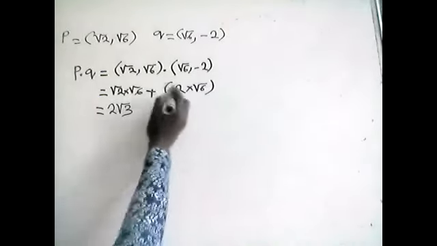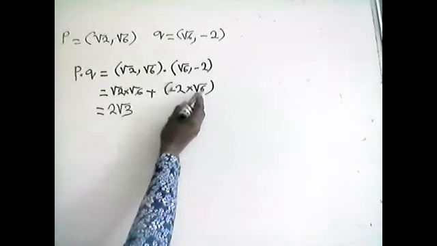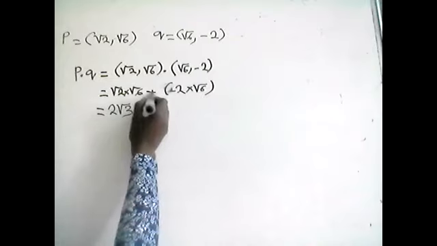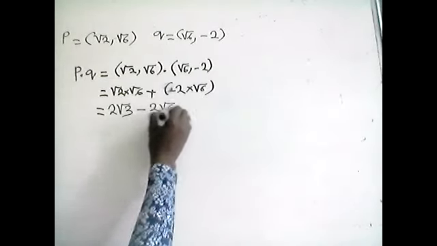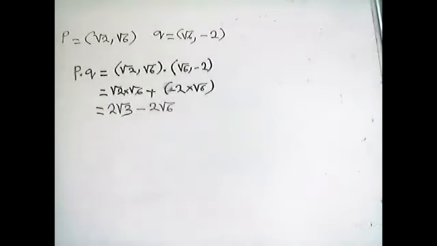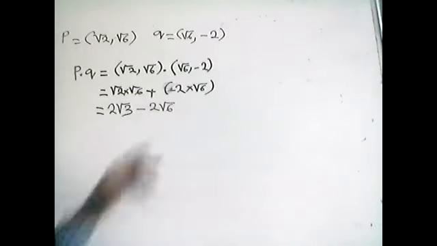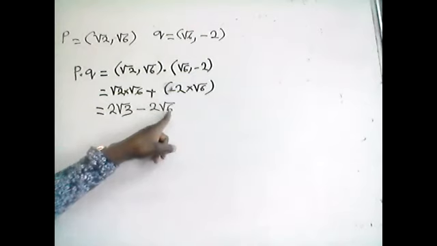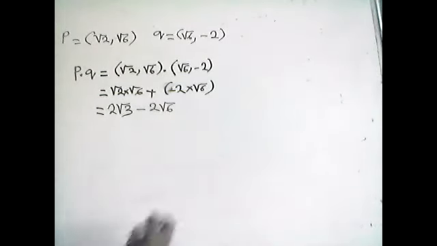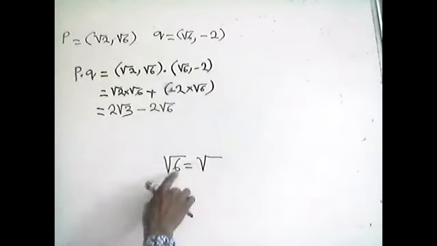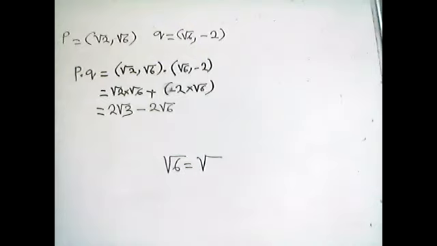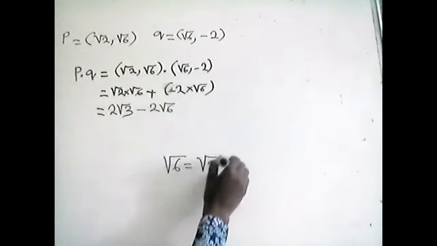So here, guys, we have -2 multiplied by √6. It's just, and then multiplied by positive. So it will just be -2√6. So that √6, I can break this one down. I can break √6 down, using the factors of 6. We have 2 and 3. So 2 times 3.